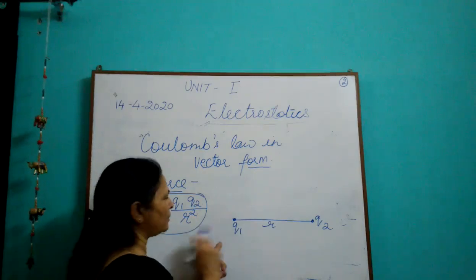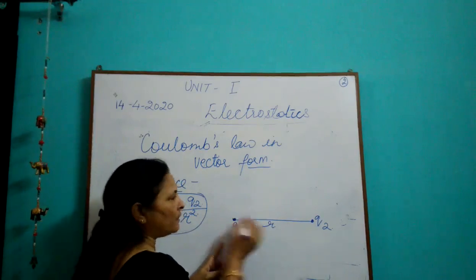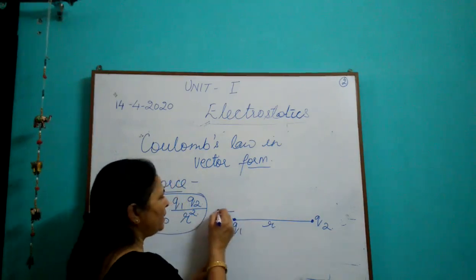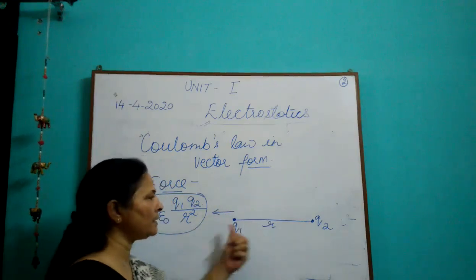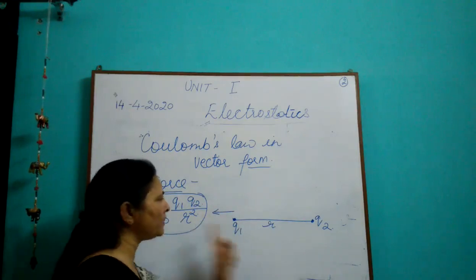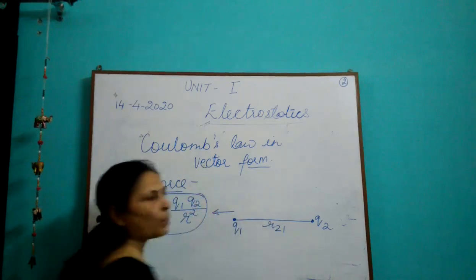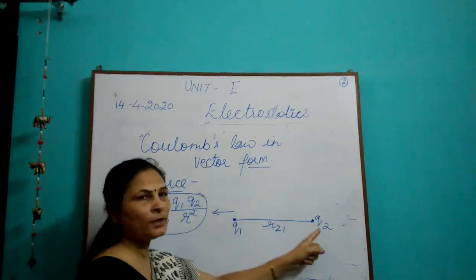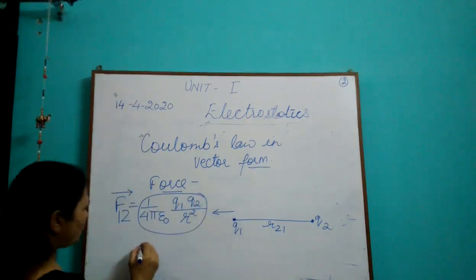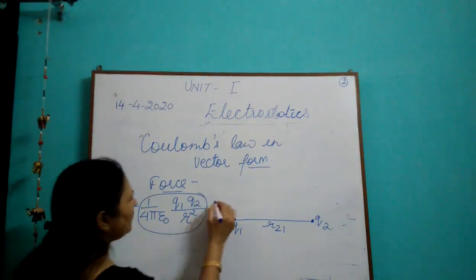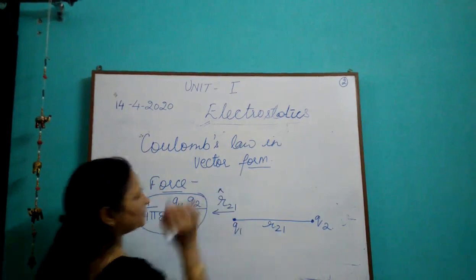First we see what the direction is. This is a positive charge, and this is a positive charge. So the force on charge Q1 because of Q2 will be in this direction, that is from 2 towards 1. So how is it to be mentioned here? You can write it in this manner: unit vector R 2 to 1.